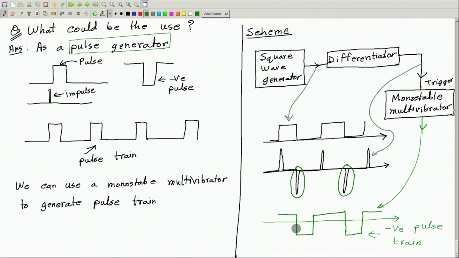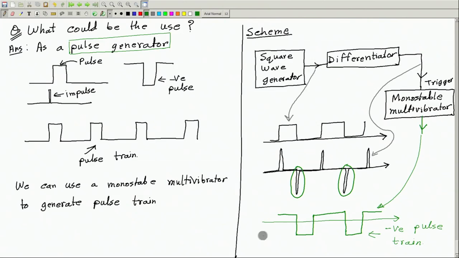Great. Now what if you want a positive pulse train instead of a negative pulse train? The simplest answer is to feed it to an inverting amplifier. An inverting amplifier will change the sign of the voltage, right? That's simple.